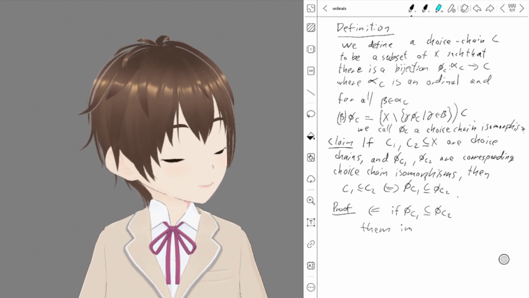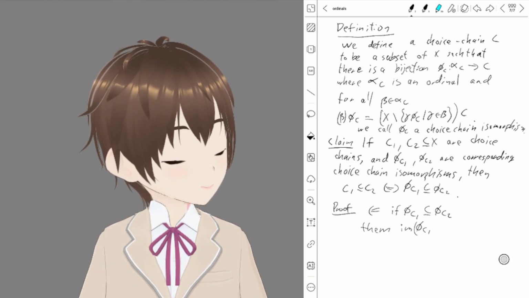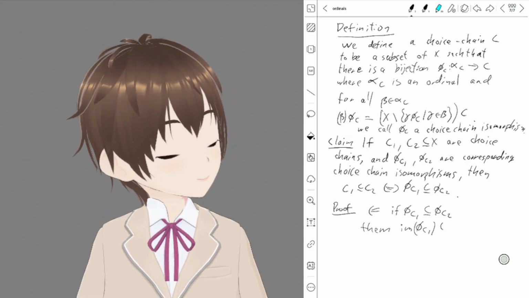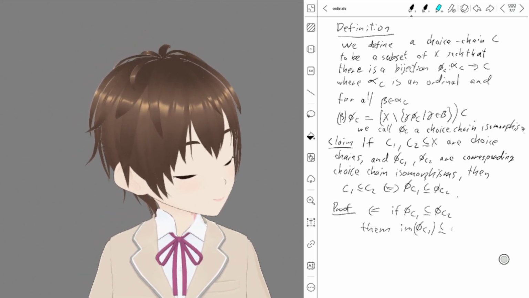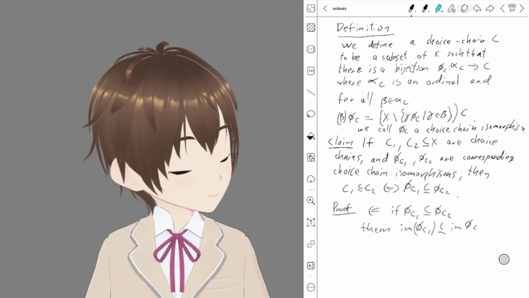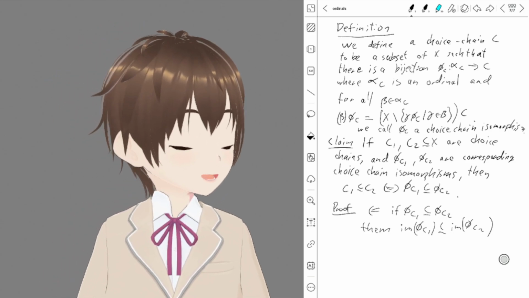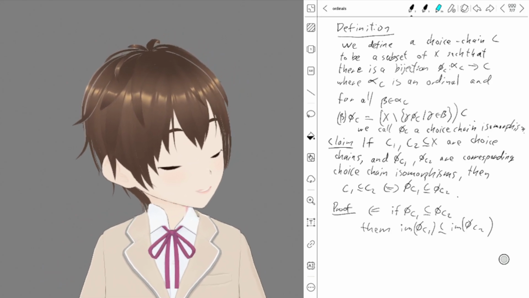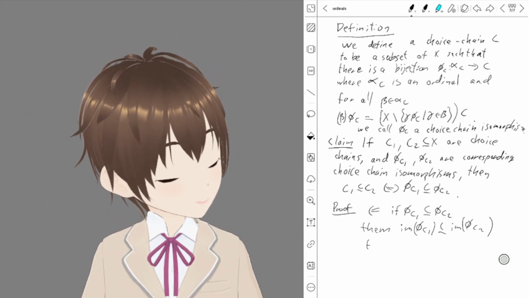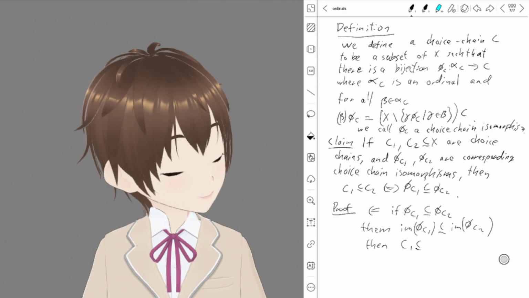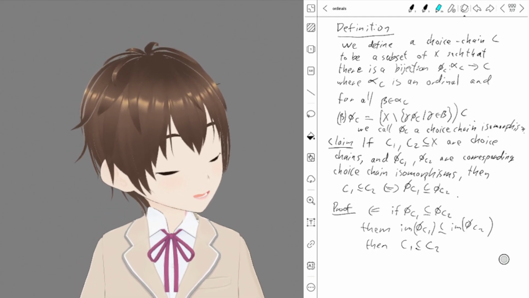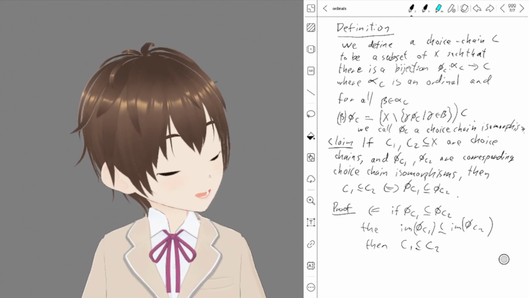I know the image of phi C1 is a subset of the image of phi C2. If I'm in the image, I'm just the right half of a tuple in the thing, so this is preserved by going to image. And so C1 is a subset of C2. This one's pretty straightforward. I now know the easy implication.